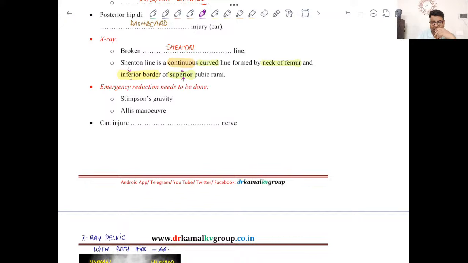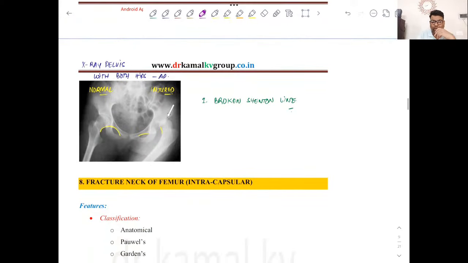So this is broken Shenton's line. Now, one more thing which we can see here: since there is internal rotation deformity, the lower limb rotates something like this, and as a result, the prominence of the lesser trochanter, right? So this is the lesser trochanter, and this is not perceived here, right?